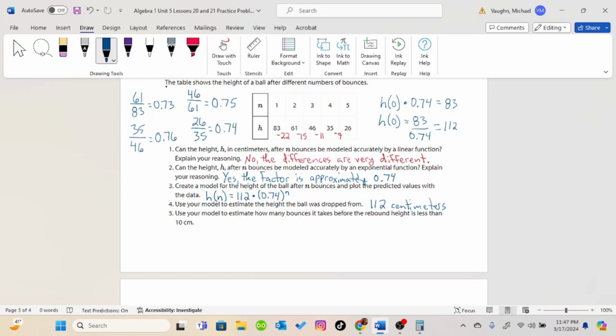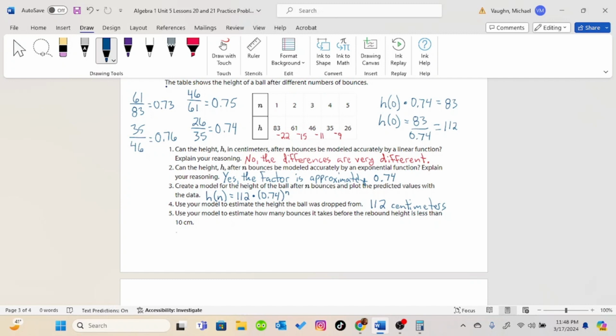And number 5, use your model to estimate how many bounces it takes before the rebound height is less than 10 centimeters. So we know that at 5, it's still 26. So if we tried, it keeps getting smaller, so let's move at least 2 spots.